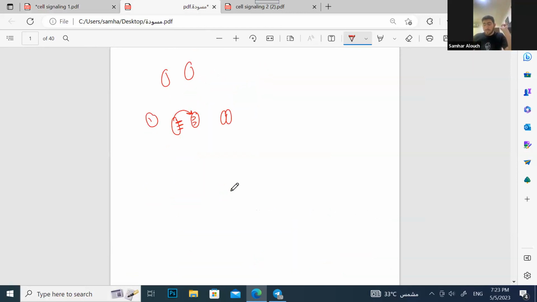The second type is paracrine signaling. It's like this: we have one cell and the other cell. The first cell sends signals locally, to things that are near it. It sends signals and molecules, and those molecules go and bind to their receptors. So the two cells don't touch each other. The first cell sends molecules and they bind on the second cell, and that's it.